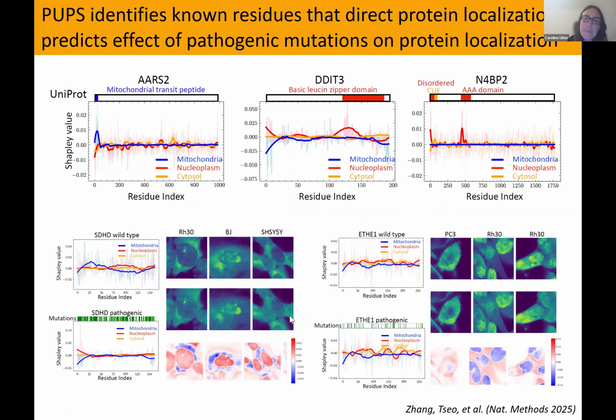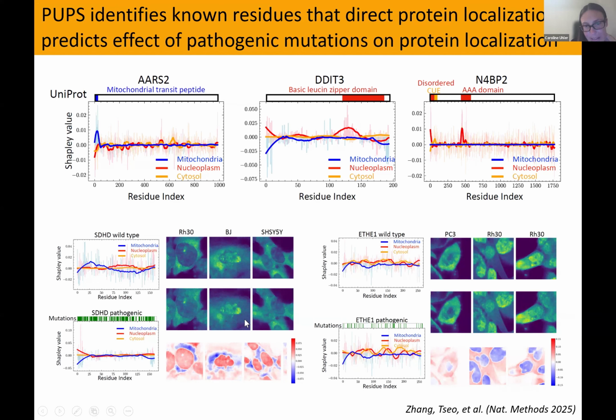Here are just some examples where we did this for some proteins where all of these are mutations that are associated with a particular disease, and that disease is associated with a protein mislocalization. Here these are the real images in the wild type, and these are the generated images of how it would look under the mutation.